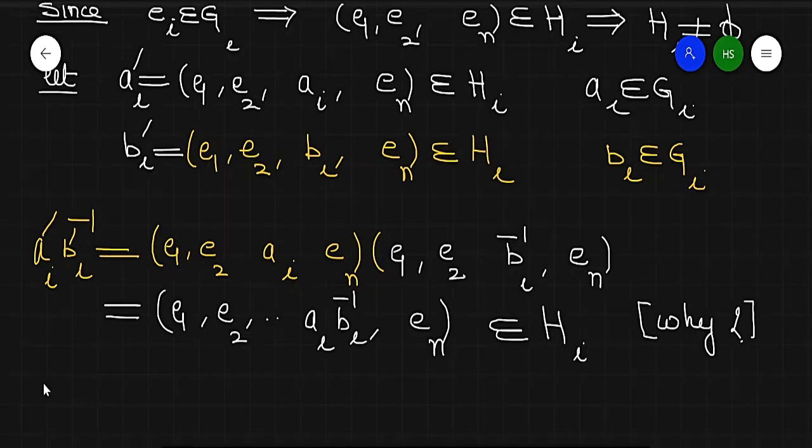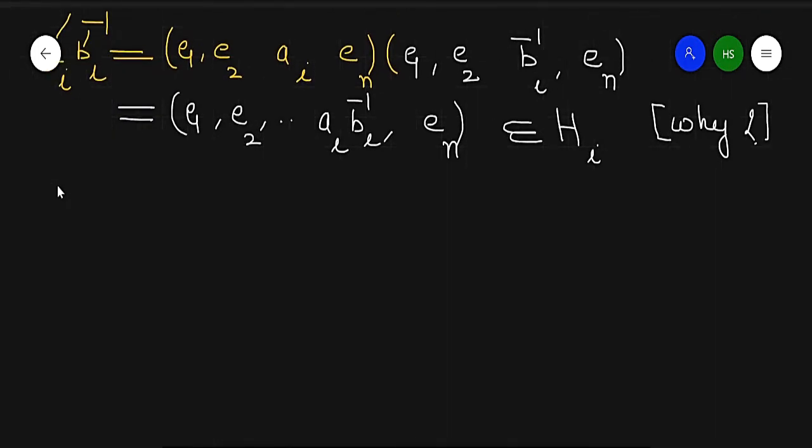In the structure of Hi, the ith element should belong to Gi and the others are the identity of each group. Now since we know that ai and bi are elements of Gi, right? So what is Gi?